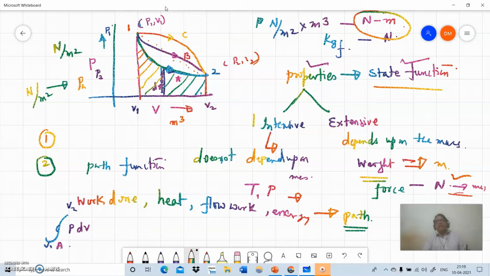The other one, the area under the curve of path B, if I take it, if I join the curve like this, we can get this area. Are you getting it? So this is the integration from V1 to V2, and the points are the same, but the paths are different. The path followed is B, and this is P dV.